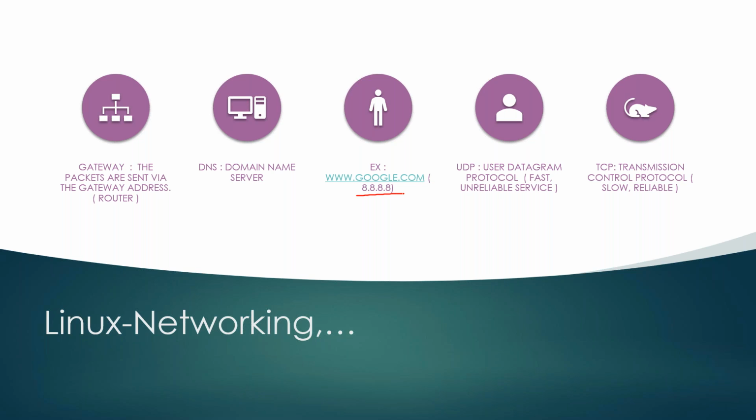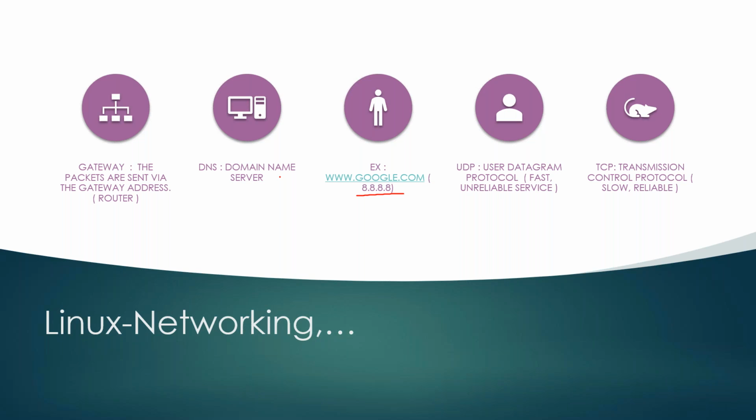So each URL or website has this domain name server mapping. Whenever you type in the URL, it goes to the nearest provider, and there are different levels there. It looks at the local internet service provider's cache, and then it goes to the next.